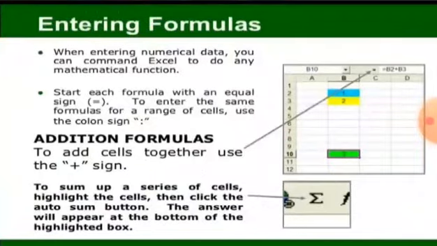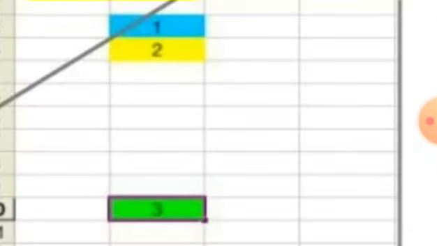Now I will explain how to enter formulas in Excel. When entering numerical data, you can command Excel to do any mathematical function. Start each formula with an equal sign. To enter the same formulas for a range of cells, use the colon sign.